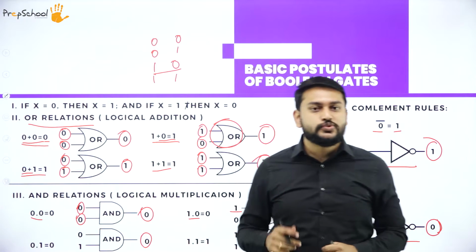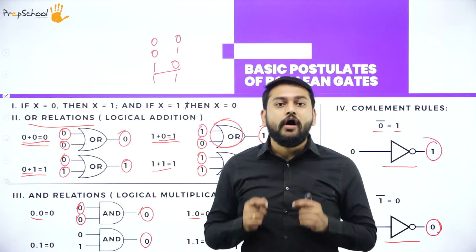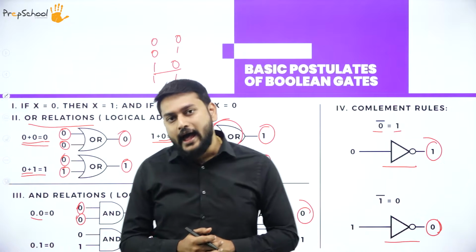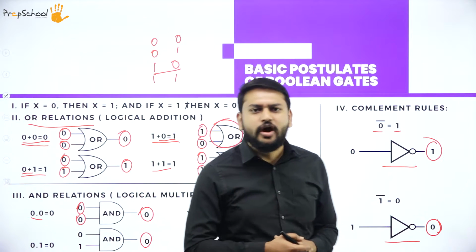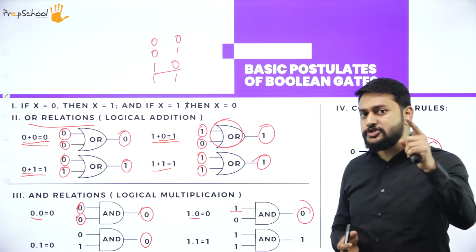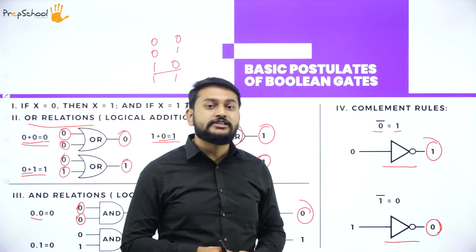The second postulate speaks with respect to OR relations, and the third postulate speaks with respect to AND. And the last one that I have is complement rules. It's all about complementing the values you have with respect to 0 and 1. So this is what you should remember when it comes to the basic postulates.